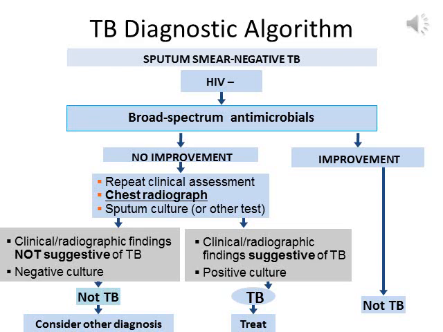However, there are lesions on X-ray that would warrant further confirmation by culture. Chest X-ray alone cannot confirm the presence of TB disease, as many other diseases mimic the same radiological picture.